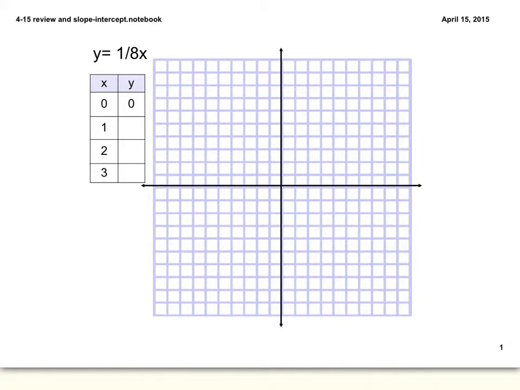This is the first graph in your notes. Y equals 1/8 x. And as I've said earlier, we love the easy stuff, so I went ahead and plugged in 0, 1, 2, and 3 for x. So I have 1/8 times 1 is 0.13.